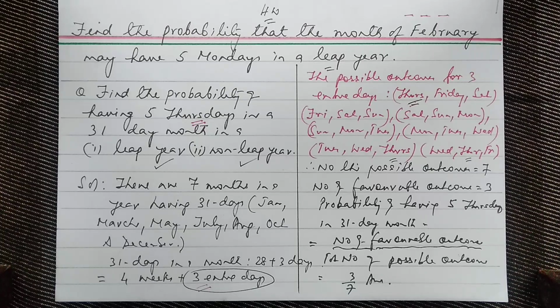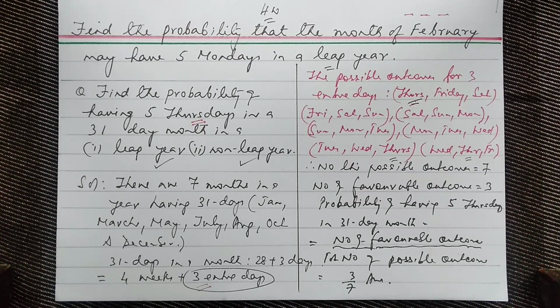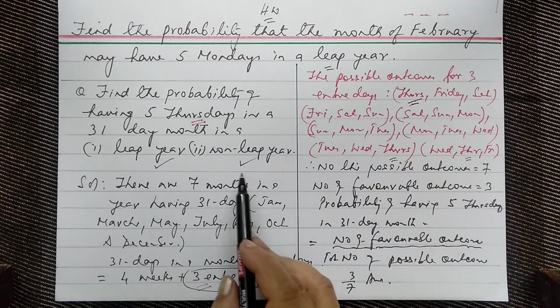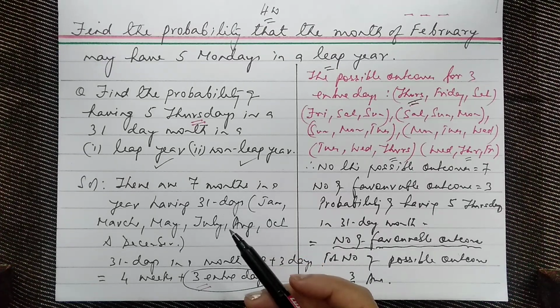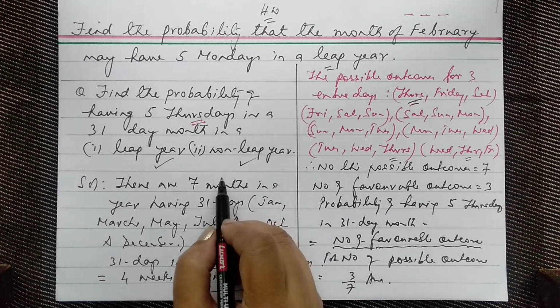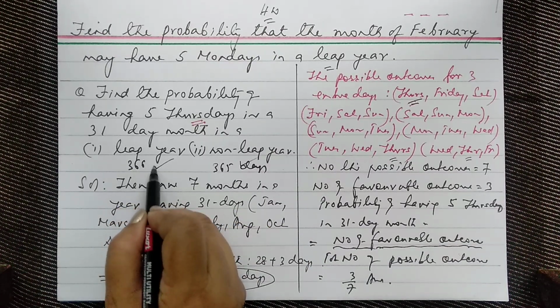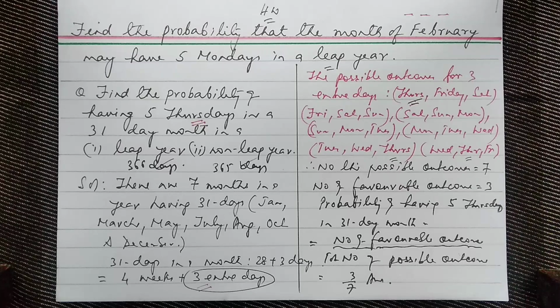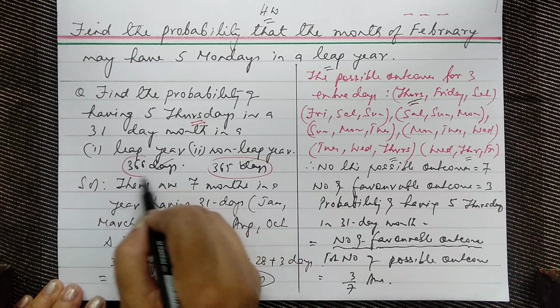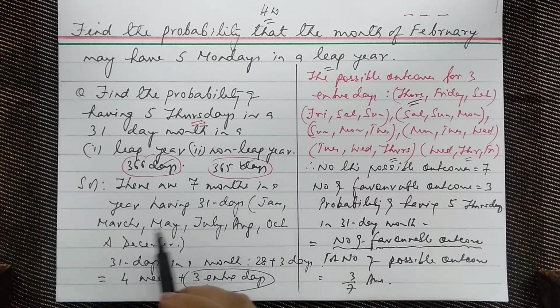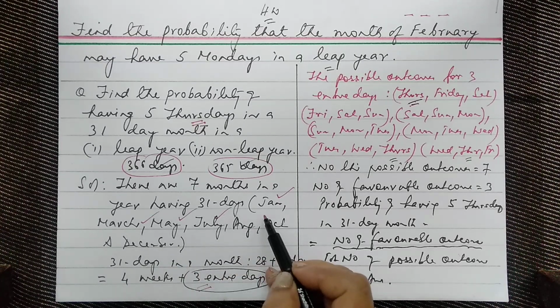Now I'd like to make it once again clear that 31 days is not affected by either a leap year or a non-leap year. Even if we get 365 days here or 366 days here, we still have these months having 31 days.